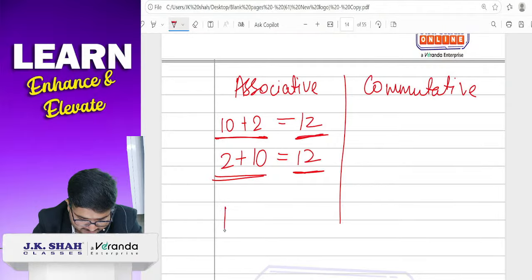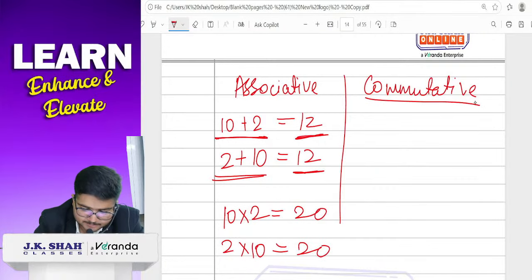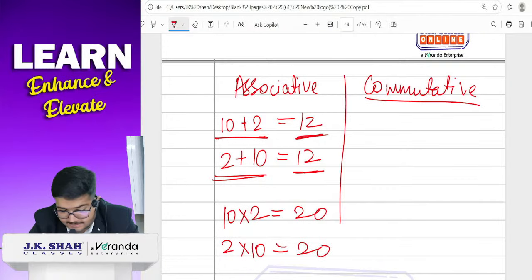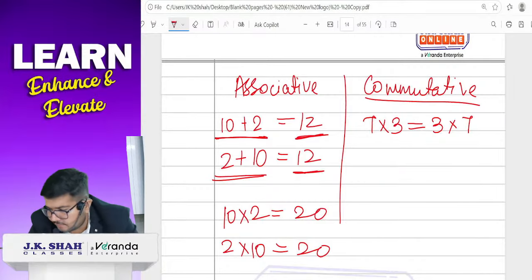Even if it is multiplication, 10 into 2, you are finding the answer, that it is 20, and 10 into 2 into 10 is also 20. But in commutative property, you don't have to find the answer, you just have to see that 7 into 3 and 3 into 7 are both equal. Did you find that both are 21? No. You don't have to find the answer.